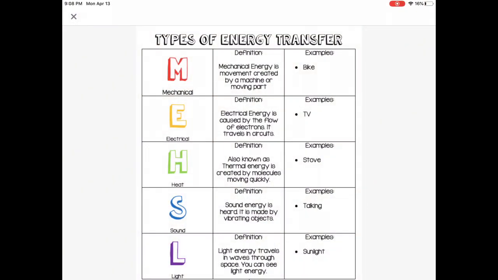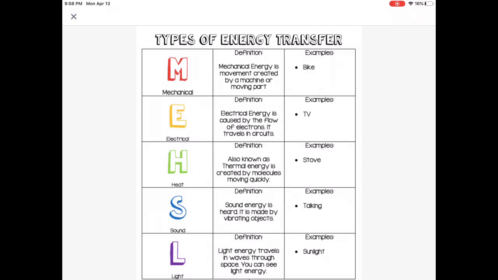And now I'm going to flip it around and show you what you're going to be doing on Seesaw. So in Seesaw, you're going to click on today's assignment that it has April 14th by it, and you are going to be thinking about examples of the different types of energy that we're going to be focusing on. So the first one is mechanical. So mechanical energy is movement created by a machine or moving part.